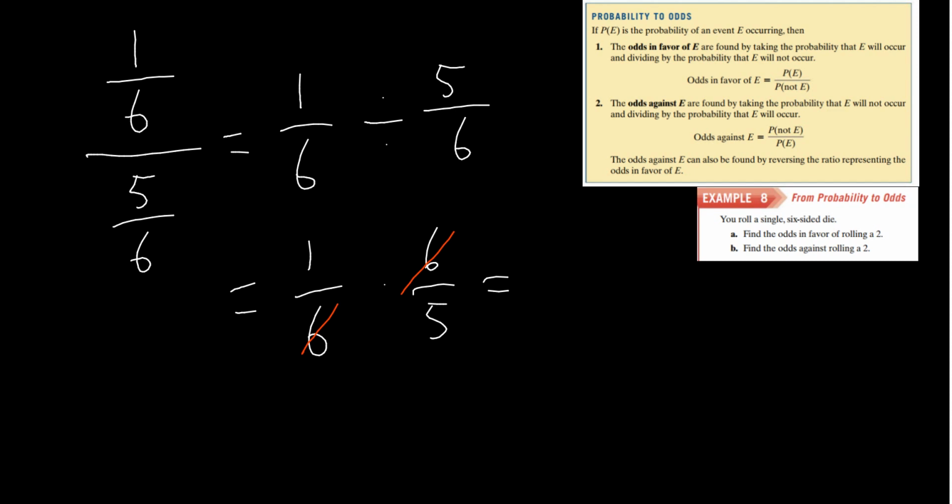Whenever you divide fractions, if I say divided by 5/6, I change the division sign to a multiplication sign, and then I flip this fraction. Are you not familiar with that concept? Okay, well, there it is.